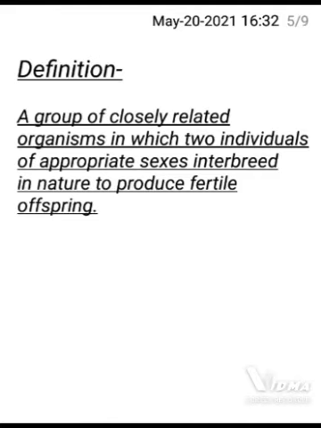Second thing is that the 2 individuals are of appropriate sexes, that is, male mates with female. Then they interbreed in nature, that is, no artificial insemination or no aid is given, and they breed freely in nature. And last is that they produce fertile offsprings, that is, whichever offspring they produce, that offspring is also fertile, means it is also capable of producing a new generation.